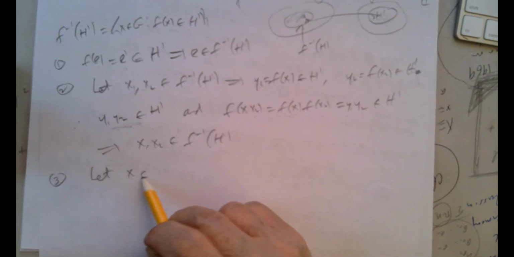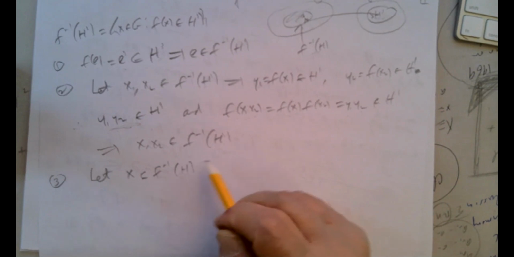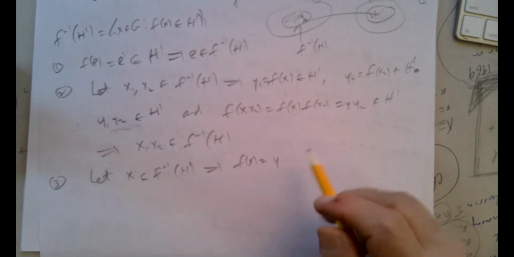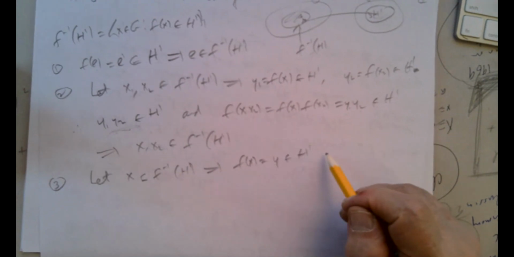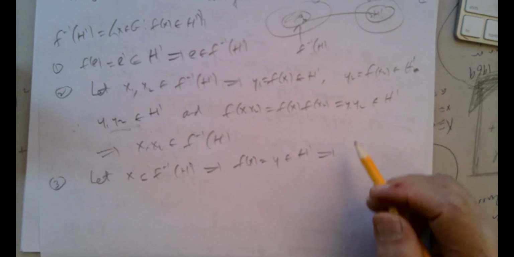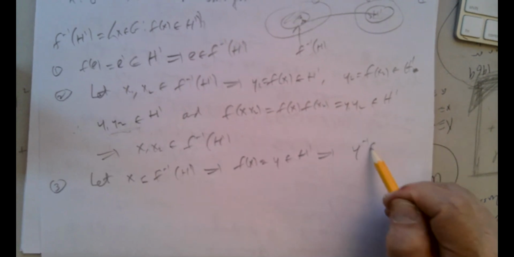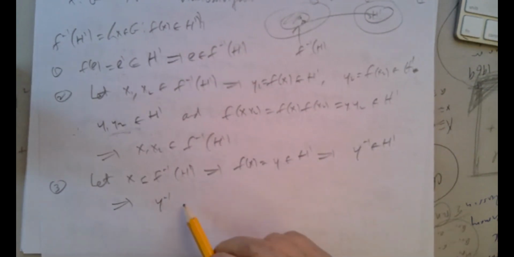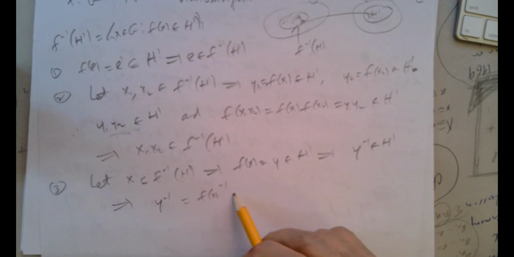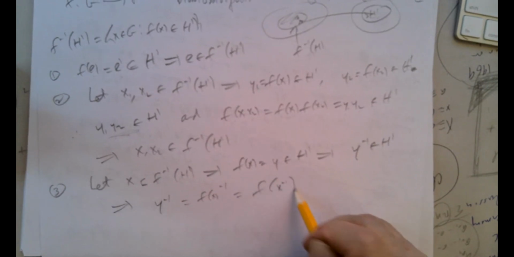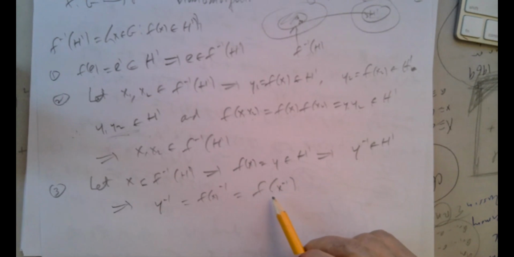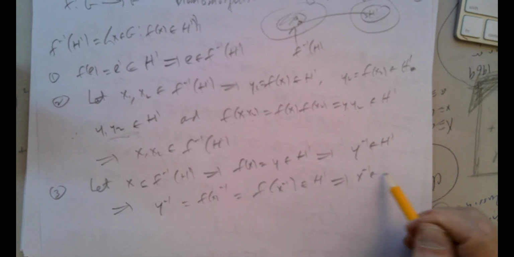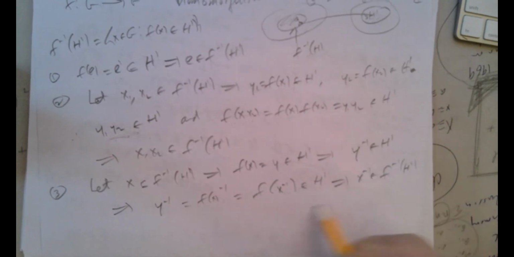And suppose x is in f inverse of H prime. That means f of x is some element y in H prime, and H prime is a subgroup. So y inverse is in H prime. And what is y inverse? y inverse is f of x inverse, which we proved. So f applied to x inverse is in H prime, which means x inverse is in f inverse of H prime.